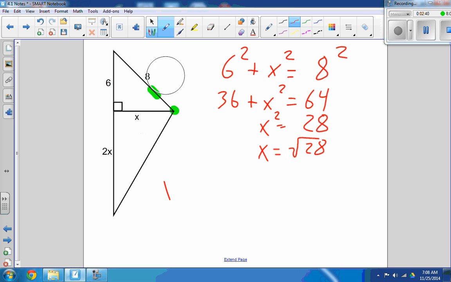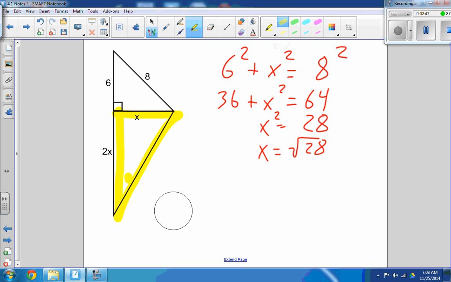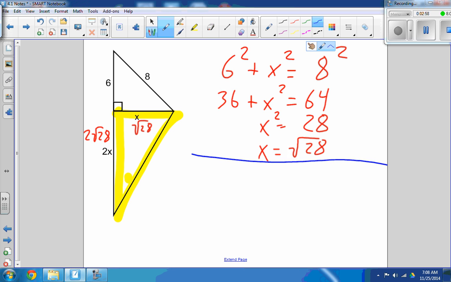And now, let's solve for this other triangle. So we're going to solve for this triangle here. Now you'll notice we've got x there. X is the square root of 28, as we talked about earlier. So 2x is 2 square root of 28. So a squared, this is going to be c, because that's 90. This is a linear pair. So square root of 28 squared plus 2 times square root of 28 squared equals c squared.